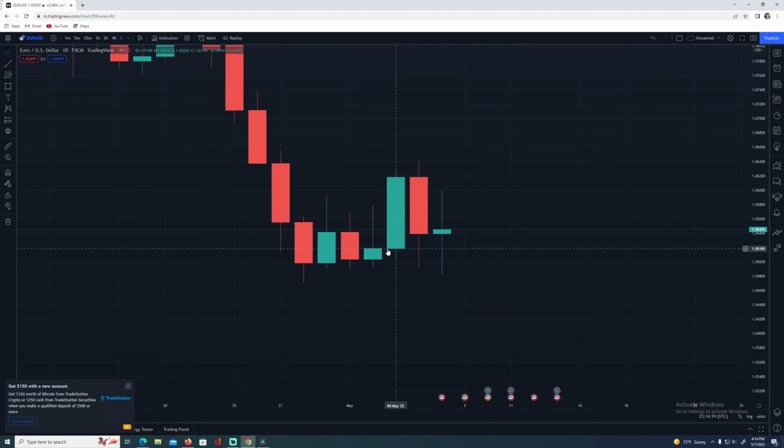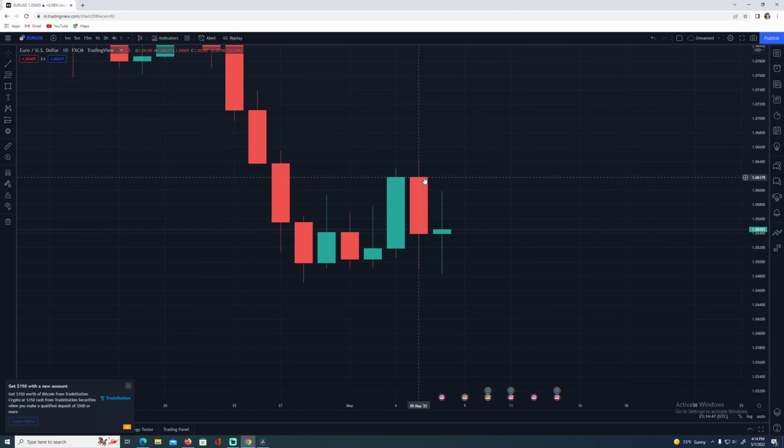Okay, then during the day it came down a little bit, but then it went all the way up, and at 2 p.m. the next day the market was over here. Okay, and it closed right there, and automatically when it closed, the next candle started printing, so it opened right here. Now we know this is the open and this is the close because it's a red candle.